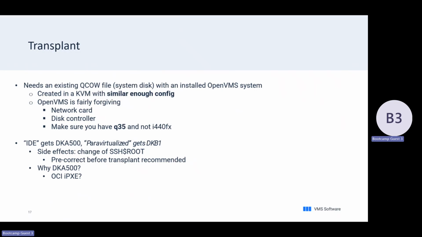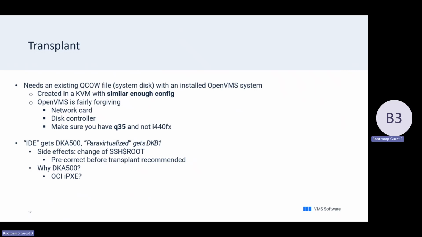But OpenVMS is quite forgiving with network ports, disk controllers, but the shape is very important, that you have this E5 flex. Also, there's this other shape, E6 flex. We haven't really tried it, but it should have the same result. I mean, it should work.